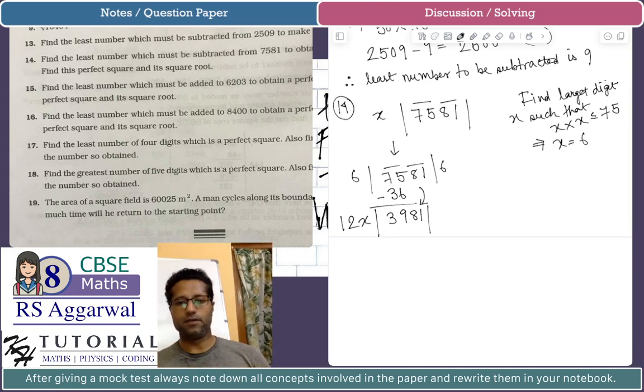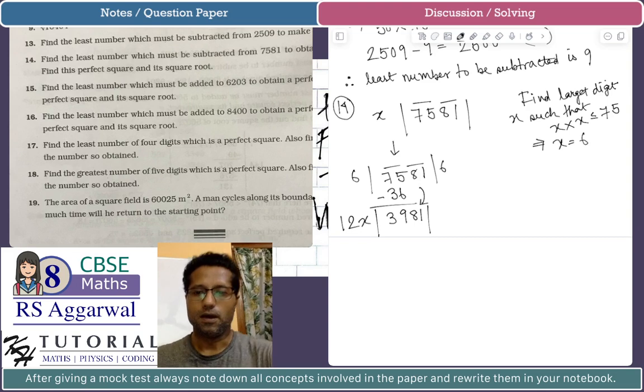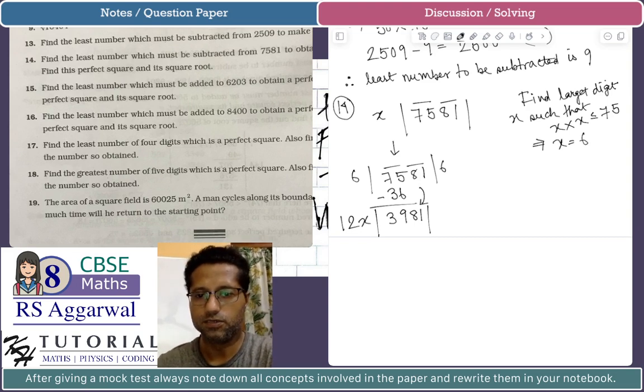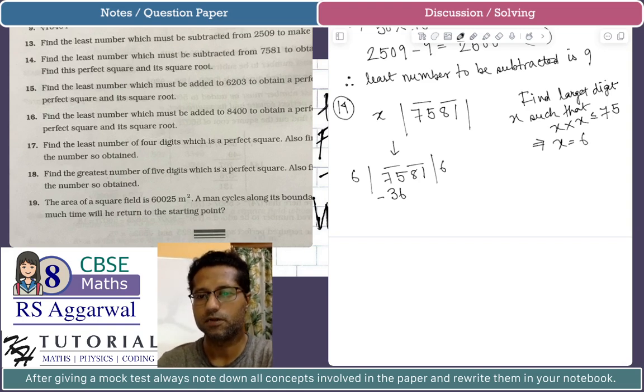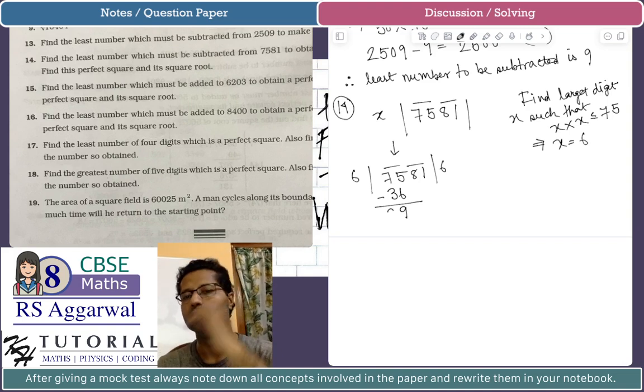At this stage we have 6 multiplied by 6 is 36, and when we subtracted 36 from 75, we get 39 as the remainder.